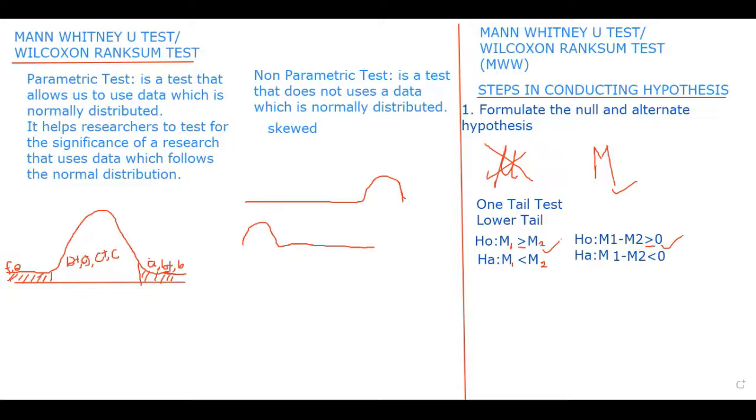Now let's look at the upper tail test, under the one tail. H0 is such that M1 is less than or equal to M2, and the HA will say that M1 is greater than M2.